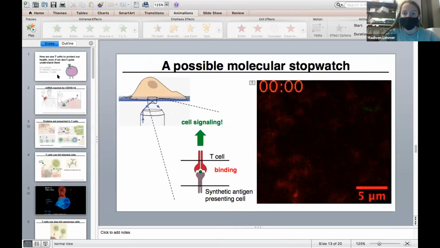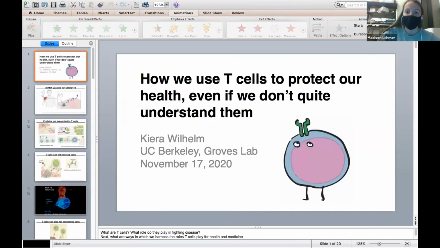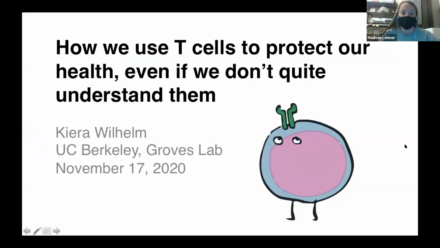Our next speaker is Kiera Wilhelm. She's coming from the UC Berkeley chemistry department, where she studies the immune system and T cells. The thing she finds most interesting is that we really have no idea how T cells are activated and how they work in your immune system to fight pathogens or other disease-carrying molecules, but they're super critical to how our immune system functions.